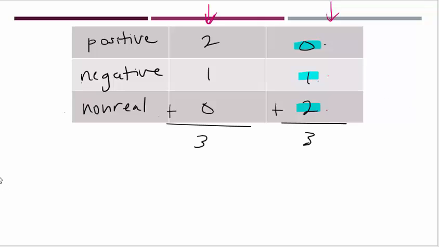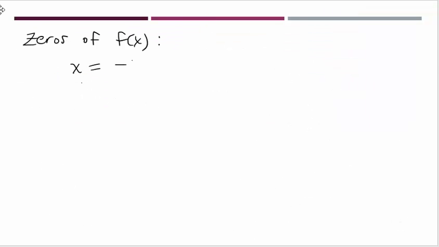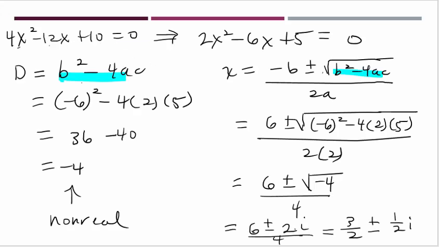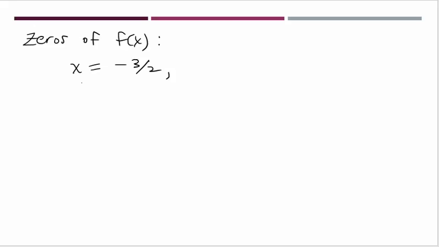Okay, well, one other thing, let's just write out all of our zeros of the given function. Okay, the real zero was negative 3 halves. Okay, the non-real zeros are 3 halves minus 1 half i, or 3 halves plus 1 half i.